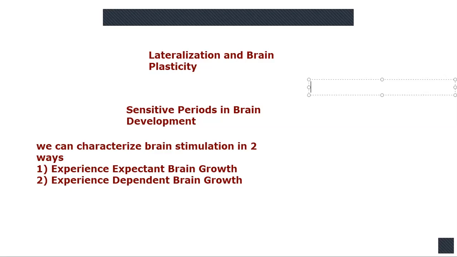All such functions are a product of the right hemisphere. Also, our left hemisphere controls the right side of the body, and our right hemisphere controls the left side of the body. So lateralization basically is the specialization of the two hemispheres.